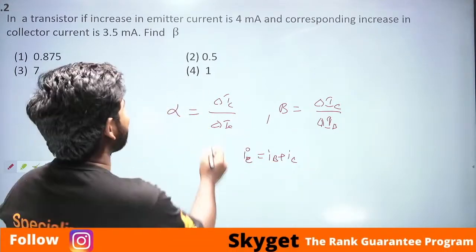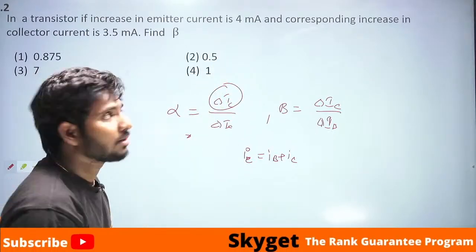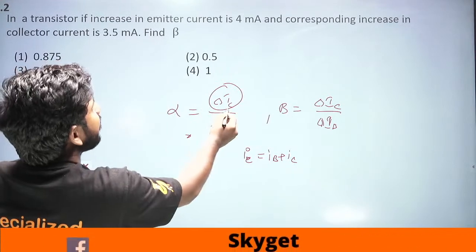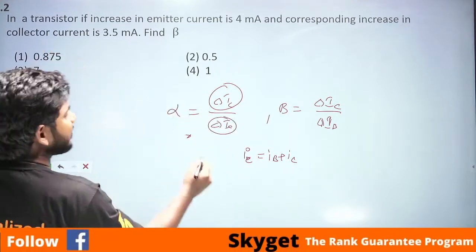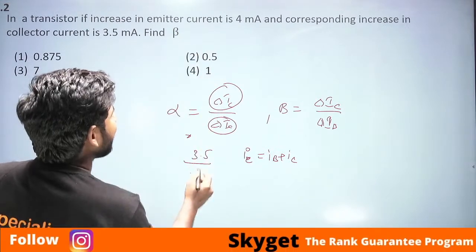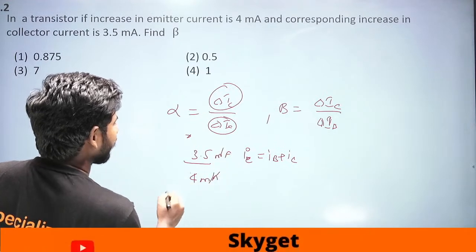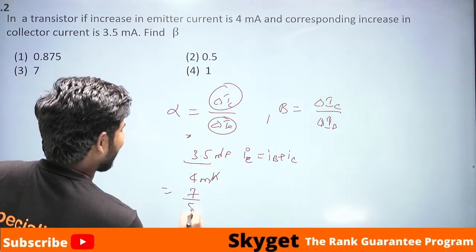The change in emitter current is given as 4 milliamperes, and change in collector current is 3.5 milliamperes, so alpha is 3.5 divided by 4, the ratio will be 7 by 8.